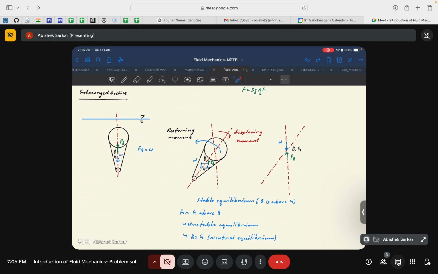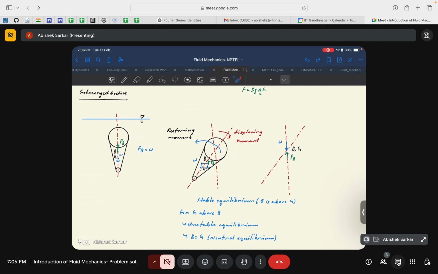Now you can see that the center of buoyancy is here and the center of gravity is at this point, okay. So the net gravitational force will act through the point G in the downward direction, and the net buoyant force will act through point B in the upward direction.